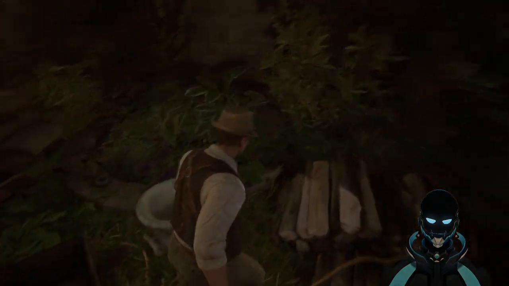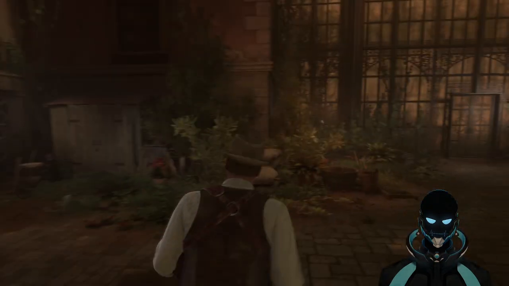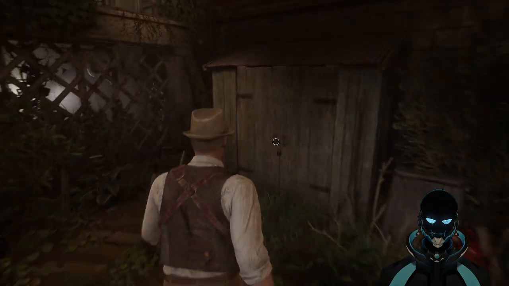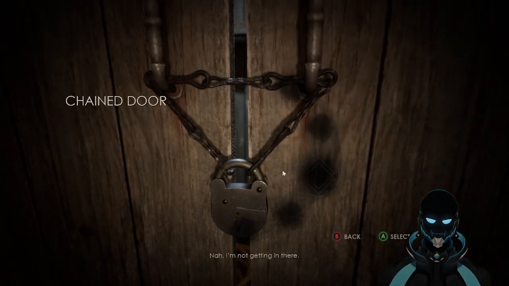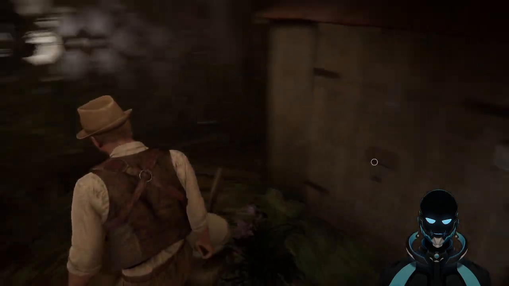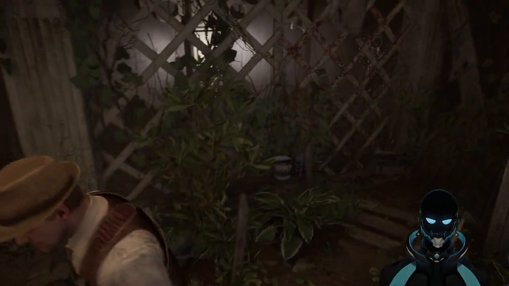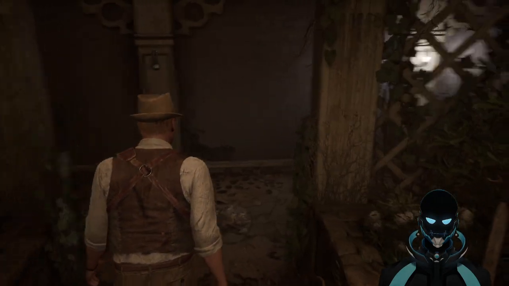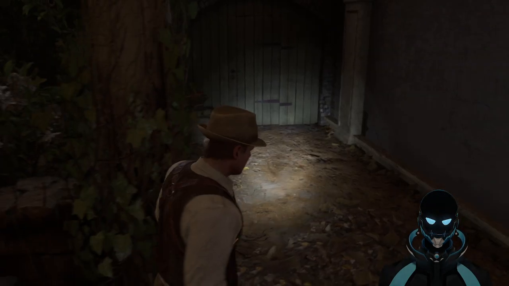Okay, I do have a run button. Nah, I'm not getting in there. Either need a key or some bolt cutters. Sorry, Mr. Corvid. I'm not here to cause problems.